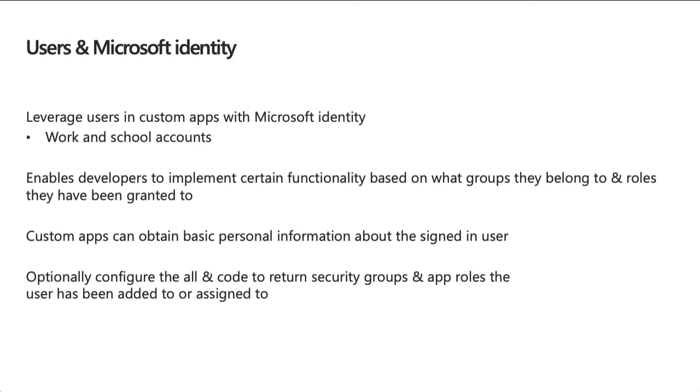Custom apps that are configured with Microsoft Identity to support users signing in receive information about the user. This includes profile information such as their name and email address, but can also be the groups they belong to or the app roles that they've been assigned to. Your custom app can use this information in cases where the app has the necessary permissions. You can then enable the user to edit their details from within the app.